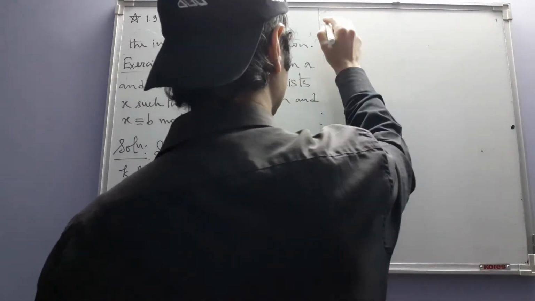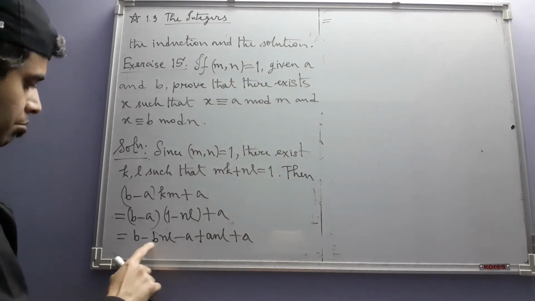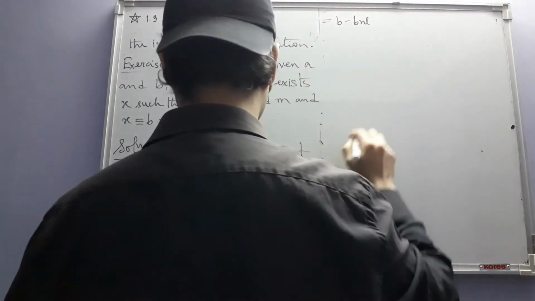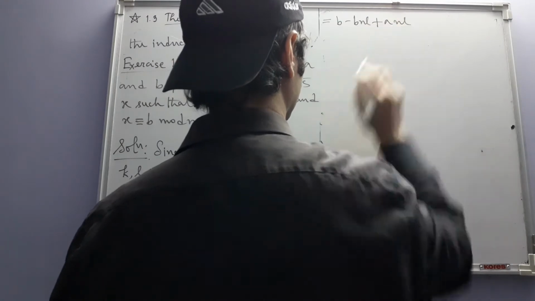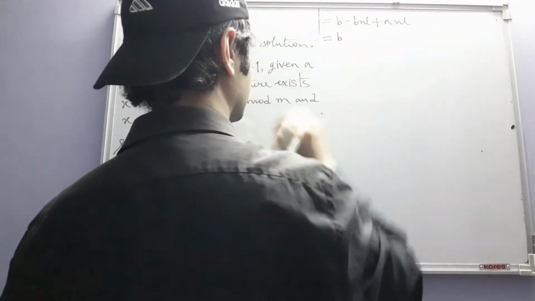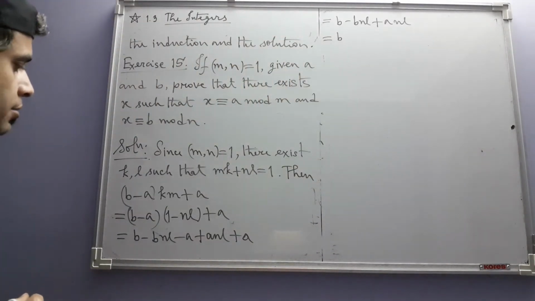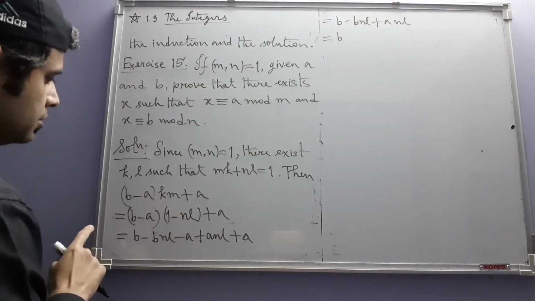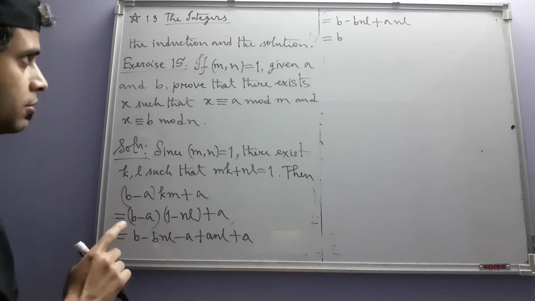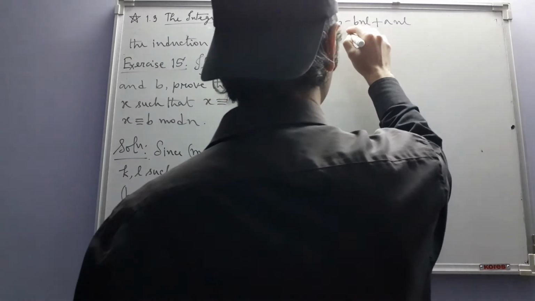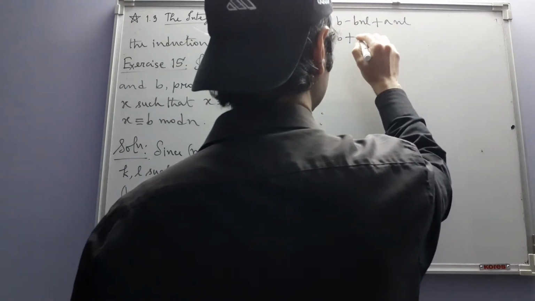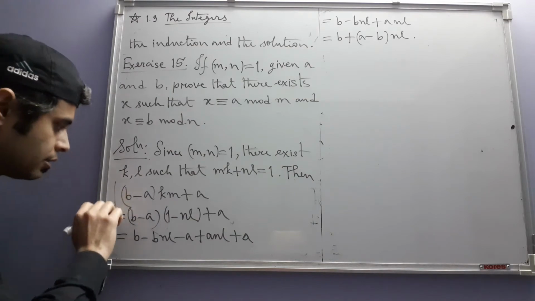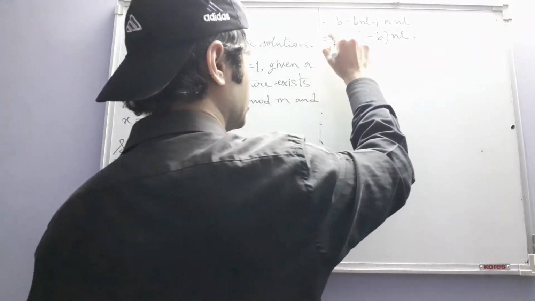We are left with b minus bnl plus anl, or we can write b plus (a minus b) nl. So this integer and this integer are the same.